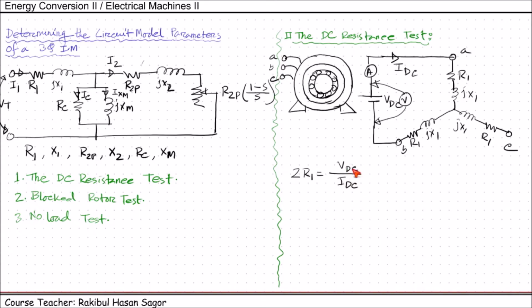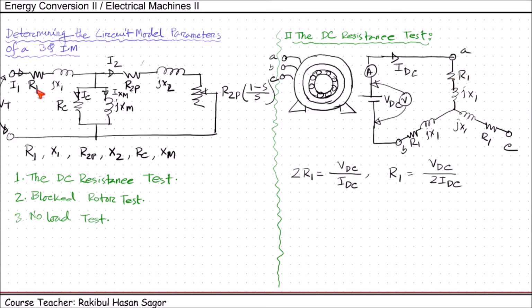Now this VDC can be measured from this voltmeter, and this IDC can be measured using this ammeter. Once we get these two values, we can get the value of twice R1. So the value of R1 can be written as VDC divided by twice IDC. So once we perform this DC resistance test, we can figure out the value of R1.